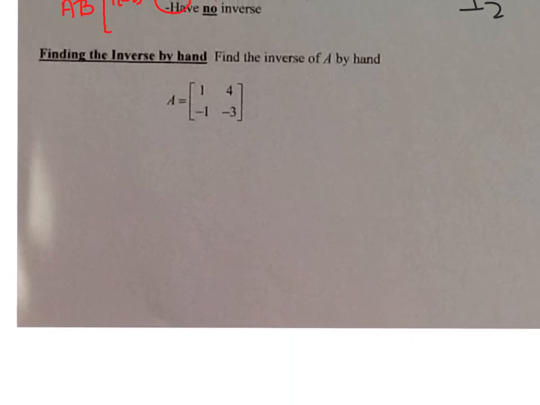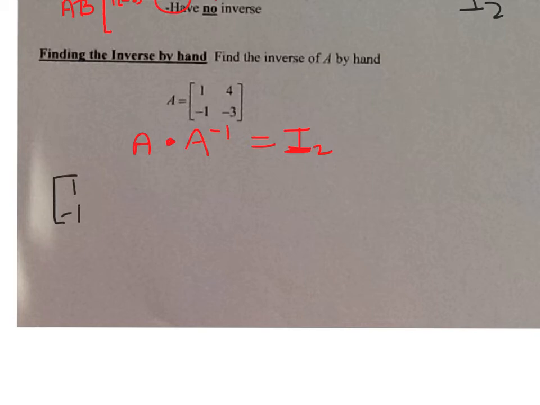Okay, so remember, when I multiply matrix A times the inverse of matrix A, I have to get my identity, and in this case it's an identity of order 2. So this is what I know: matrix A, which is 1, -1, 4, -3, times the inverse, which I don't know, but I know it has to be a 2 by 2.